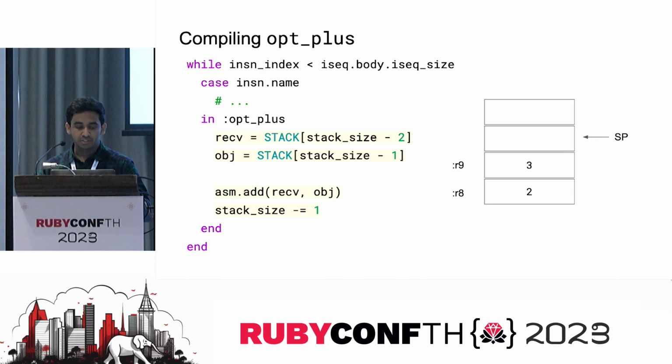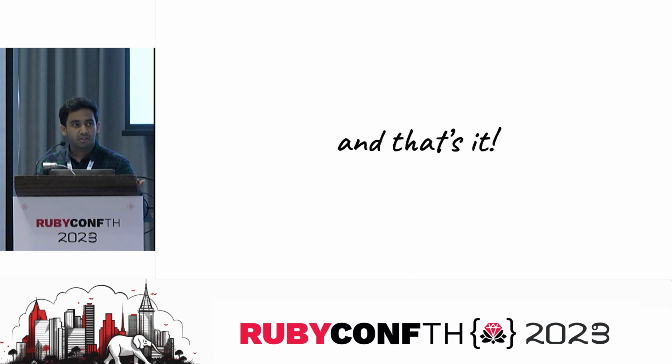So what happens here is that since we have a register-based machine, we don't pop them, but we get those values from the registers, and we add them basically. And then we decrement the stack pointer because we can simply just rewrite our R9 register. And if you remember, I mentioned add R1 and R2, then the sum of them goes to R1, and so that's how we are emulating that functionality. And that's basically it. That's how you JIT compile a simple addition method.